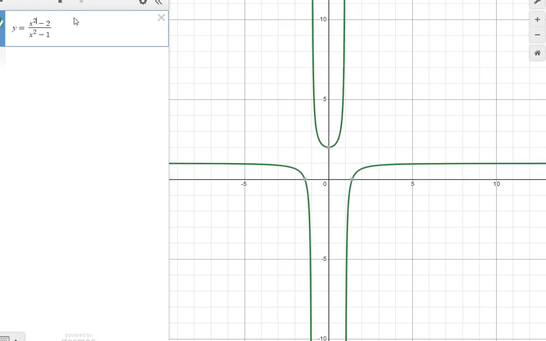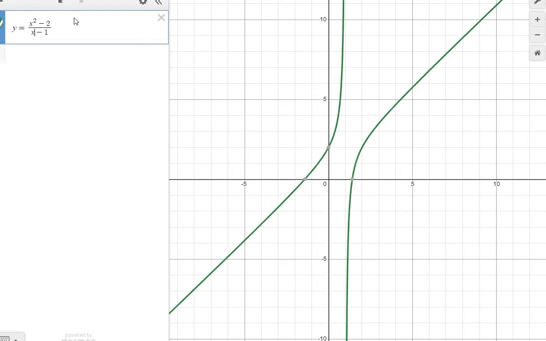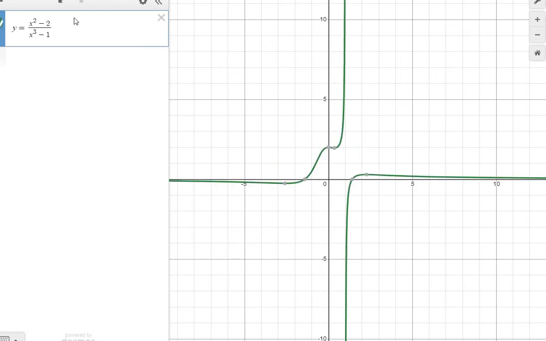All real numbers, because see how this part alone is going all the way up and then all the way down to negative infinity? If you had to do the domain and range for this guy, you'd have 2 separate parts.